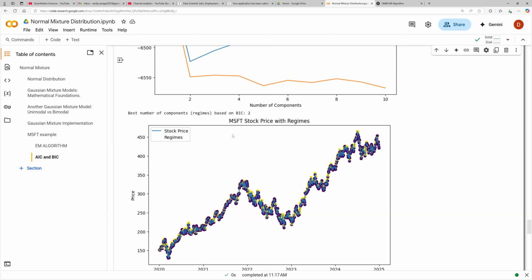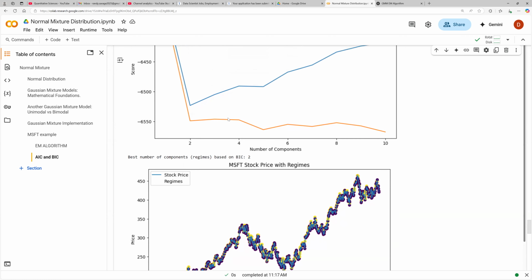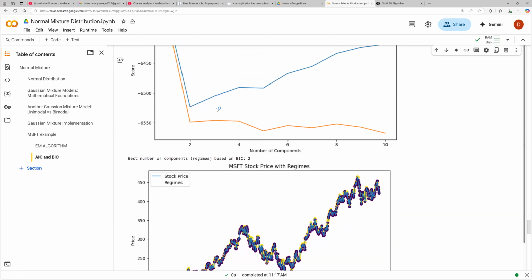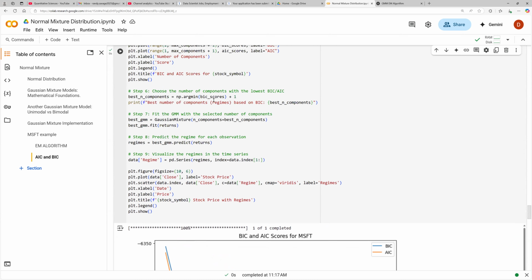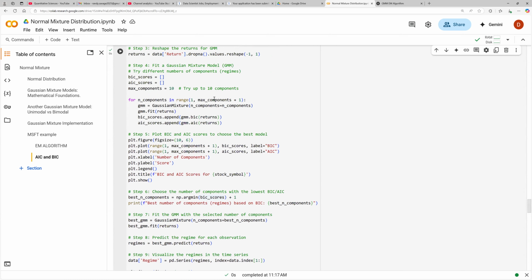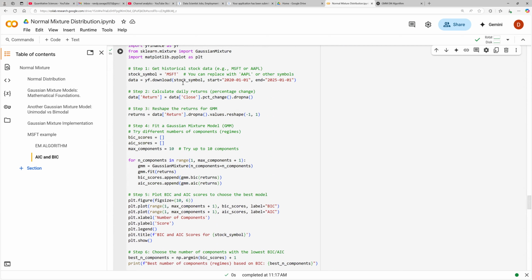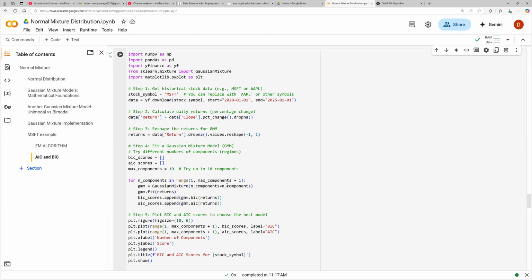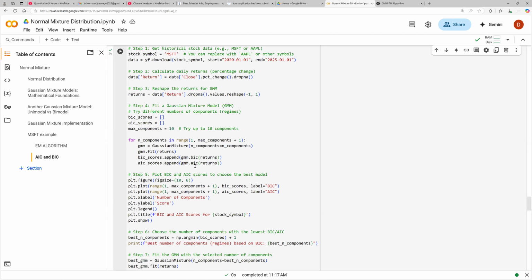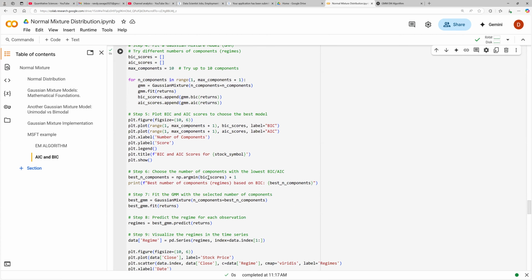But for simplicity's sake, we're going to keep it at 2. I could go back and try 3 components in the actual algorithm, but I'm not going to do that. I let the AIC and BIC choose.